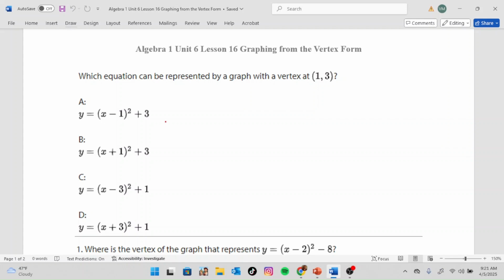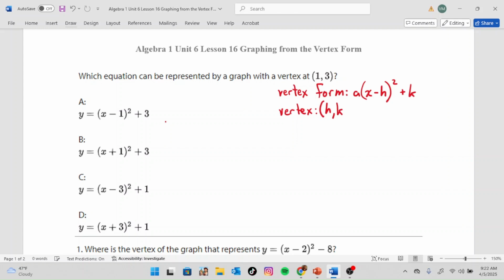So, we need to remember that vertex form looks like a times (x minus h) squared plus k. And we need to remember that our vertex has h as the x-coordinate and k as the y-coordinate.